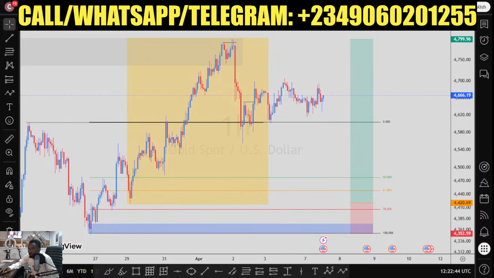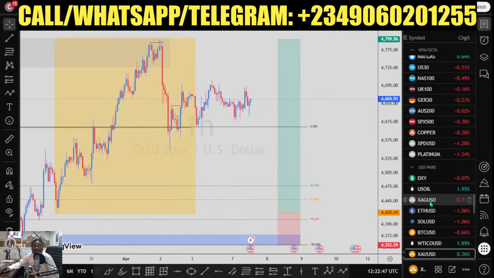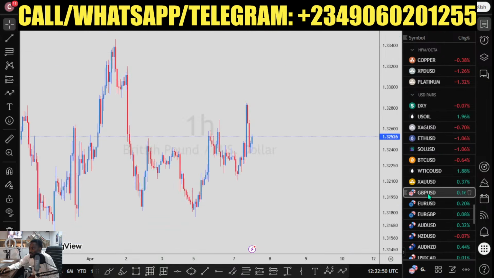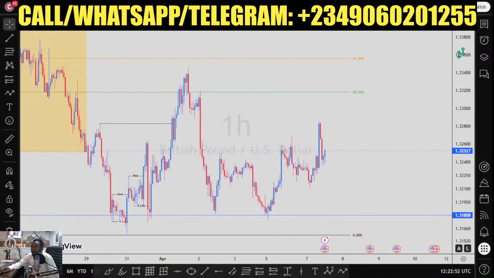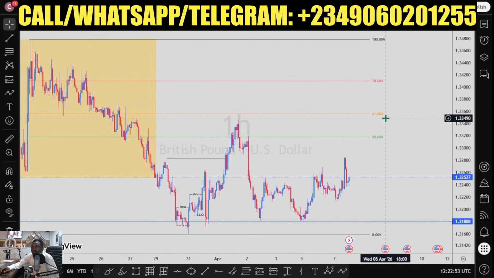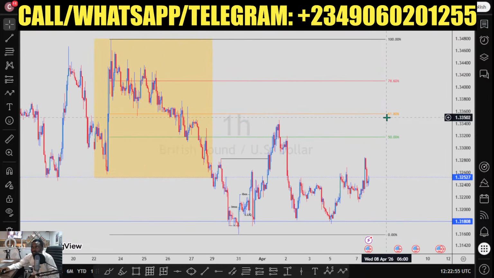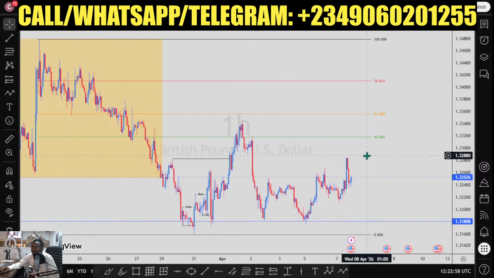Okay, so GBP paired against USD. We have a sideways market structure on the 1-hour chart. There's nothing realistic right here.